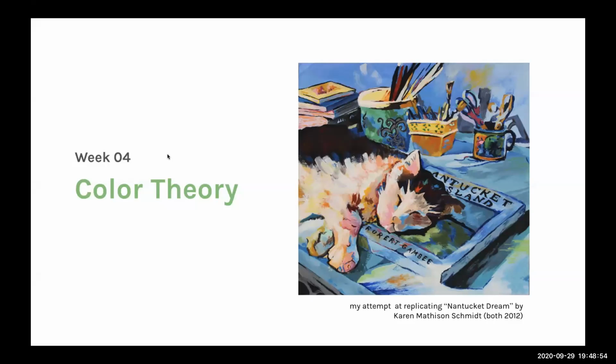If you look on the right, there is a painting that I made quite a long time ago based on Nantucket Dream by a real artist. And you can see in this picture that there are more ways of creating light than just black and white.